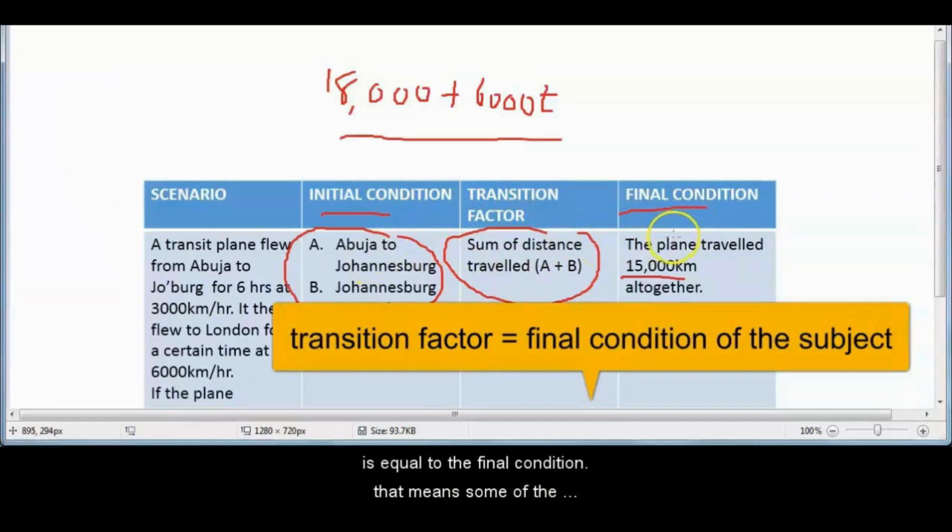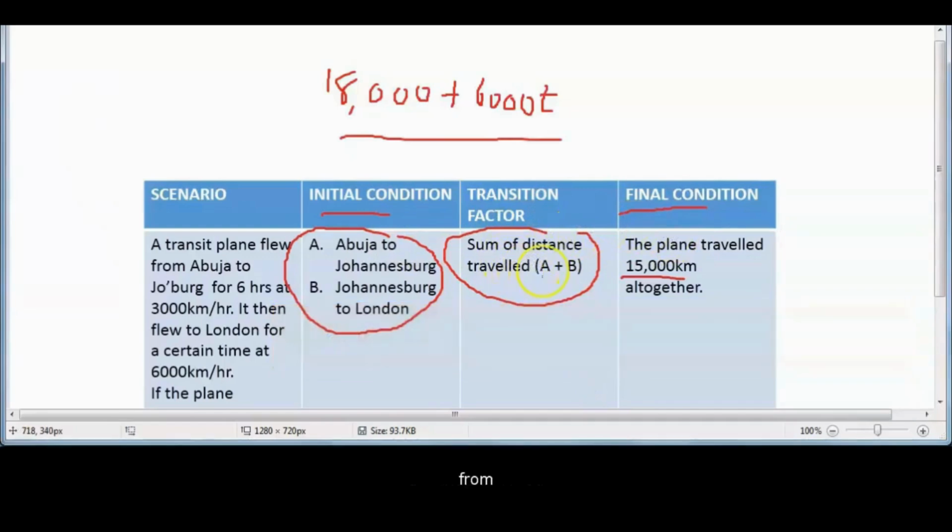So we see the transition factor is equal to the final condition. That means the sum of the distance traveled from Abuja to London altogether is equal to 15,000 kilometers. So to put it into perspective, we are going to say 18,000 plus 6,000 T, which is this, is equal to 15,000.